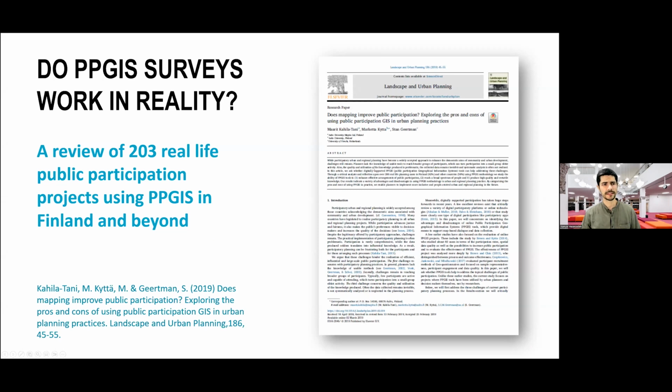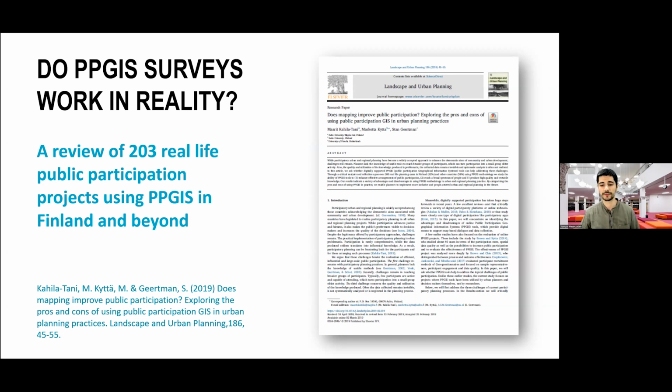If you're interested in learning more about PPGIS surveys, and if you're more interested in the planning side and learning about how they work, what the pros and cons are, I invite you to read this paper by Marketta Kyttä and others, where they review 203 real-life public participation projects using PPGIS in Finland and different countries.